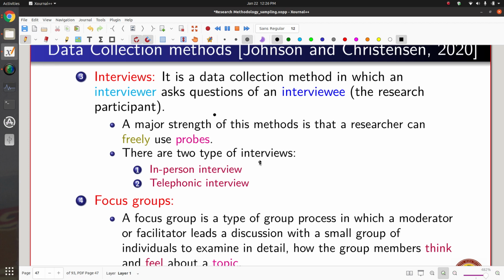Then there are certain kinds of interviews. Actually, there are other classifications for these kinds of interviews, and there are four kinds of interviews that have been classified. So an interview can be classified in different ways.